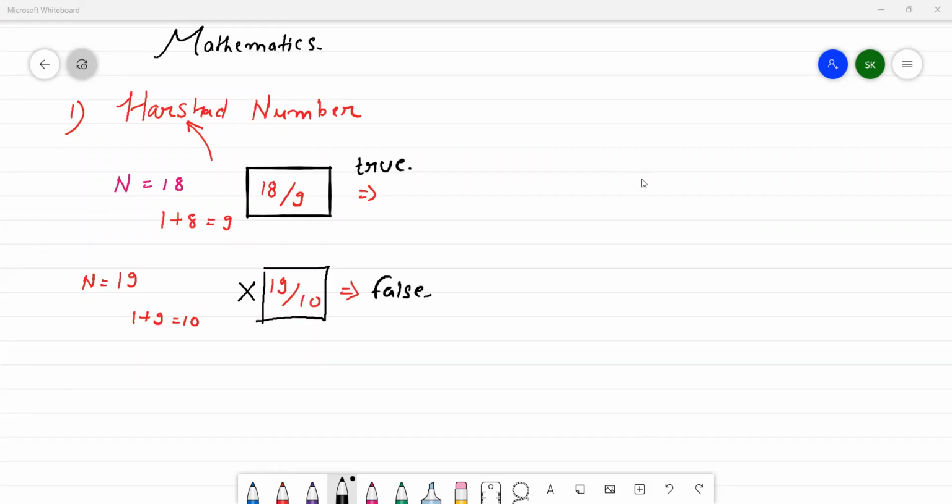Sum of digits means, I mean to say, if 19 is given, you need to find 1 plus 9. This is known as sum of digits of a number. I know most of you know it, but how many of you don't know?